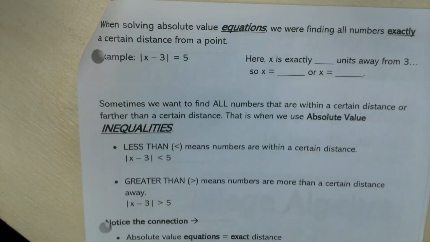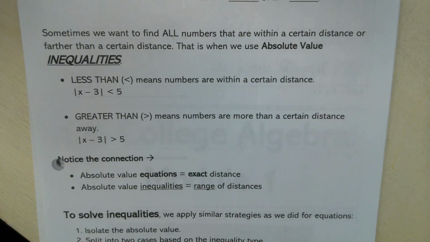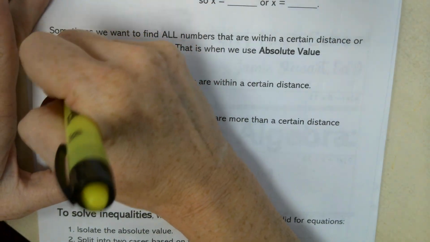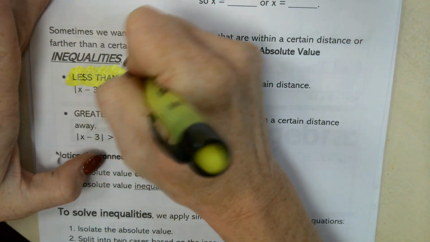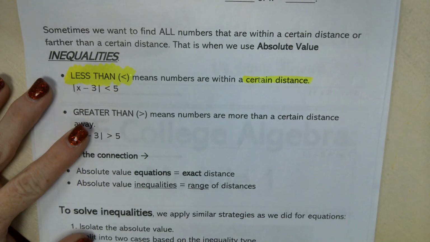Inequalities. Okay? I'm just going to skip to this part right here. Sometimes we have to find all the numbers that are within a certain distance or farther than a certain distance. When we do this, we have absolute value inequalities. I'm going to highlight less than, which means the numbers are within a certain distance.